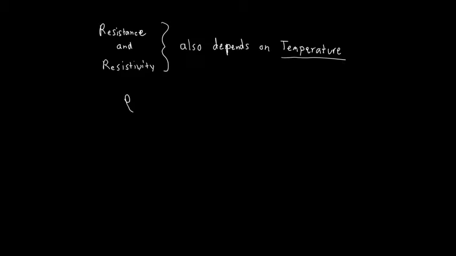So we have rho, the resistivity, is equal to rho naught, which is the resistivity at some reference temperature, times 1 plus the Greek letter alpha times a change in temperature, so how different your temperature is compared to your reference temperature. And alpha is something called the temperature coefficient of resistivity.